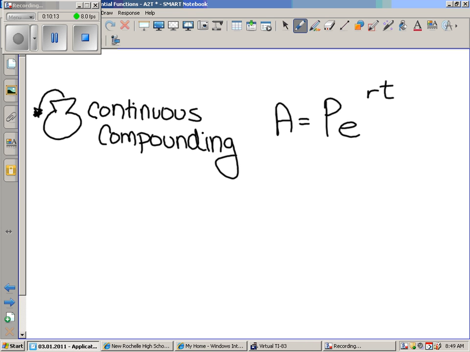Pert. E equals famous irrational number. And then the rest of them you would all know.